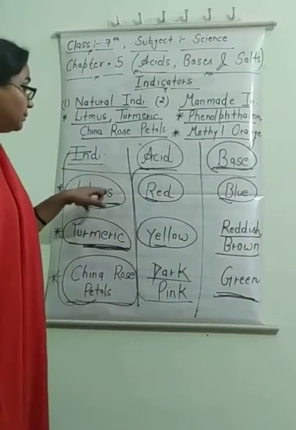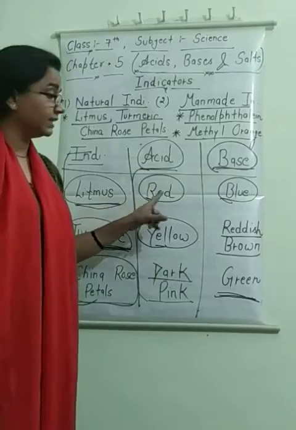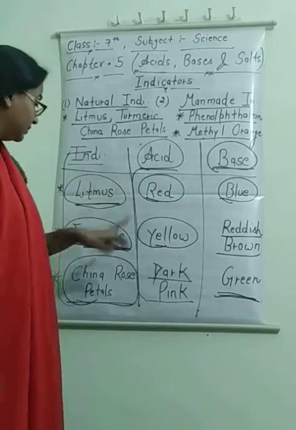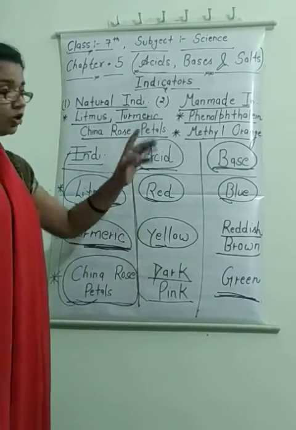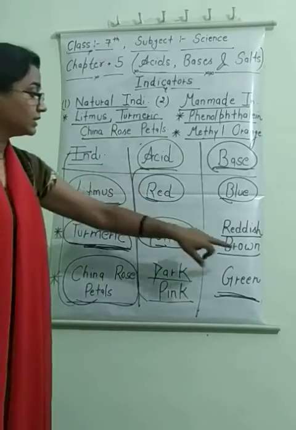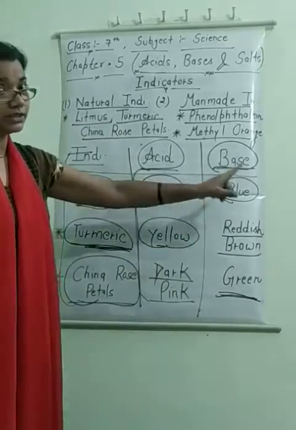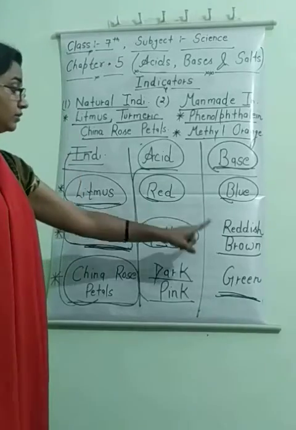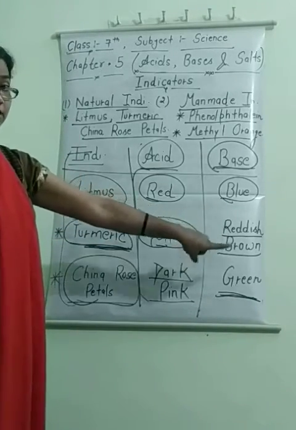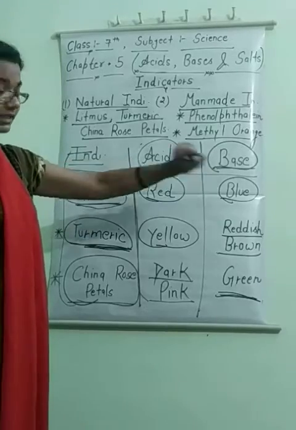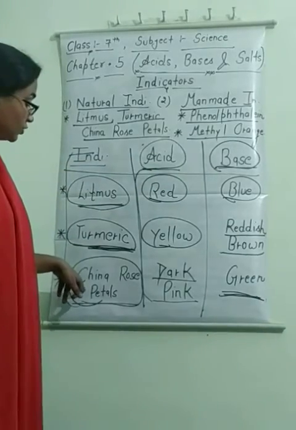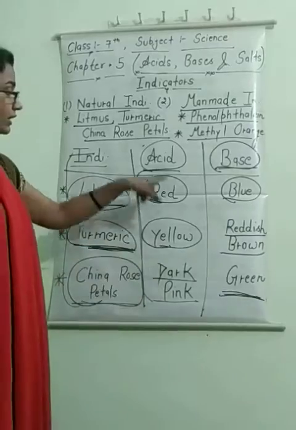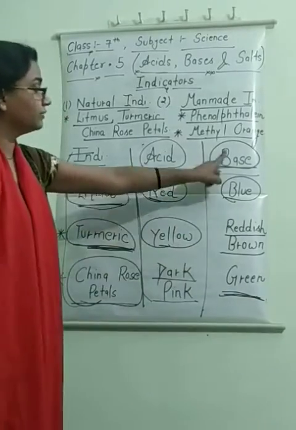Means litmus paper: red for acid, blue for base. Turmeric: yellow color or any shade of yellow for acid, and reddish brown color for base. Soap is the best example. A haldi stain, turmeric stain with soap, gets reddish color because soaps are basic in nature. And China rose petals: dark pink color with acid, green color with base.